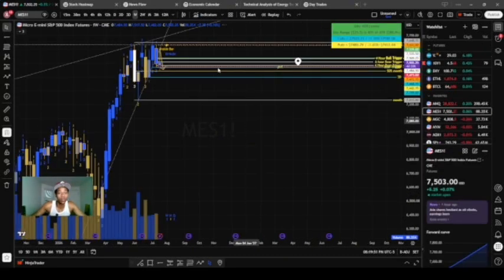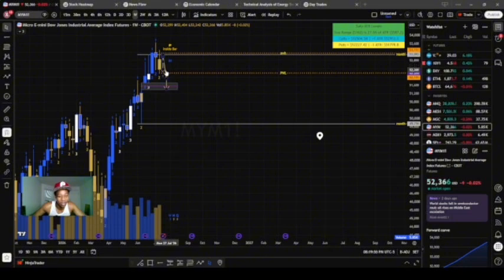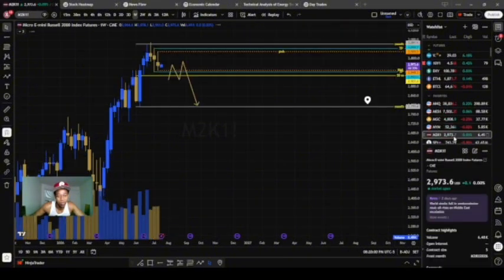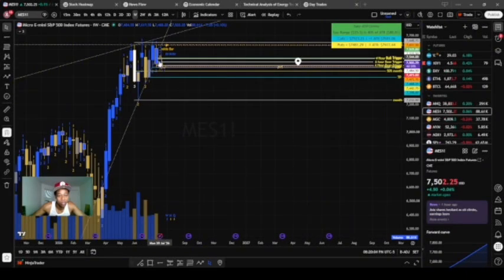But coming into this week, I really like MMS. I just like MMS because we have a failed 2 up, and we still have a little room to run. If we break this July 6th level right here, then I feel like we have room to run, some bearish move on it.